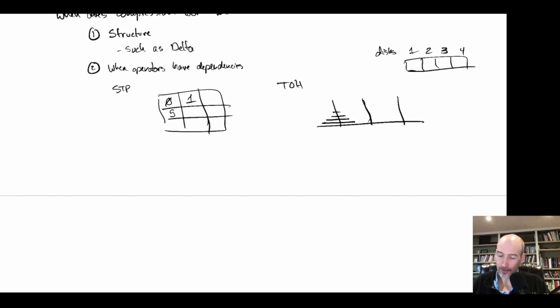What happens here is a div operation. Actually, I want the 4 pegs here, sorry. If I do a div operation, when I divide, it's equivalent to getting rid of the bottom bits here. And so this is equivalent to saying, just get rid of disk 4.